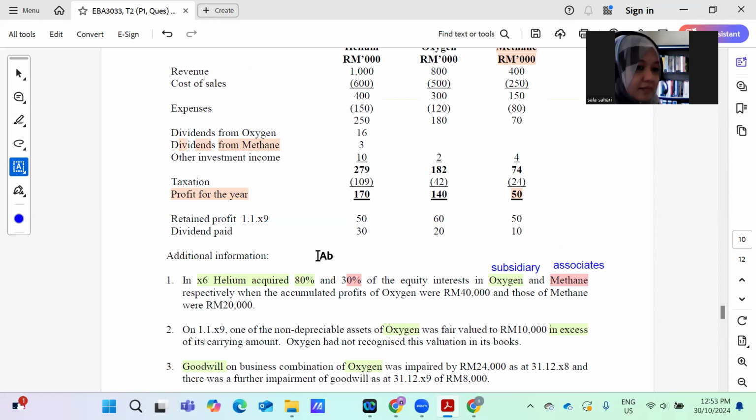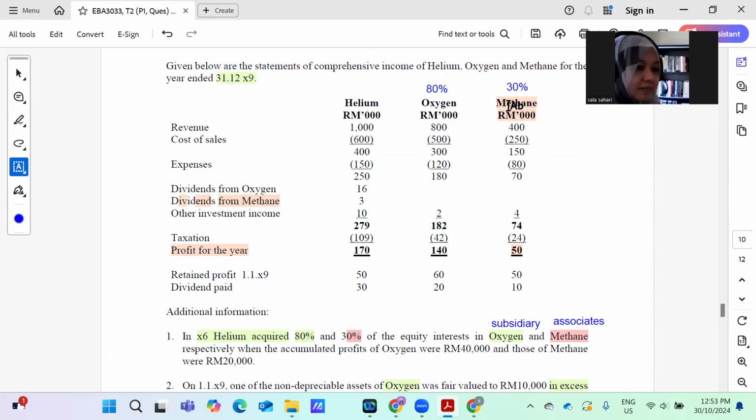So let's see dividend income from Metin. Okay, so let's see here from Metin side. So you look at how much dividend paid. We take from dividend paid. Wait, I change the highlighter.